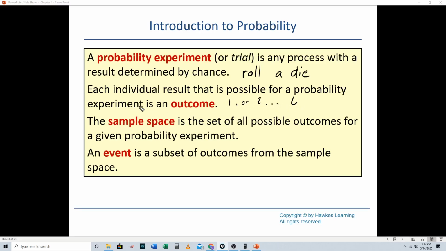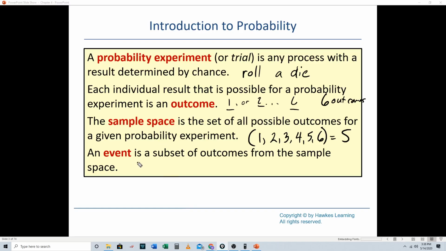Each is a single outcome. So how many outcomes? 6 outcomes. The sample space would be all the different outcomes. We usually denote that with a capital S. So capital S is equal to the list of all possible outcomes.